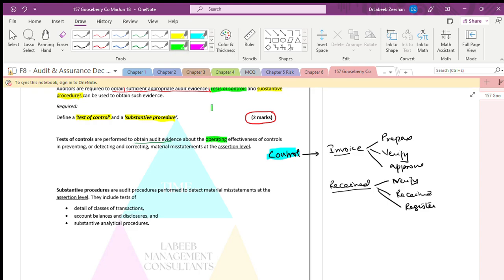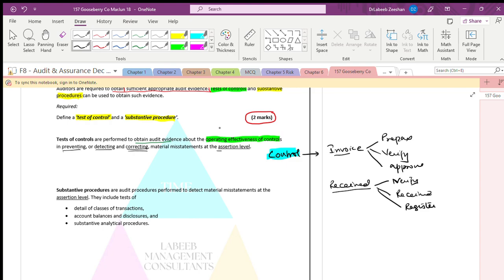We are focusing on the operating effectiveness of controls, whether the controls are effective or not. Why are we doing this? As simple as possible: we want to prevent, we want to detect, and subsequently we are going to make the corrections if any.